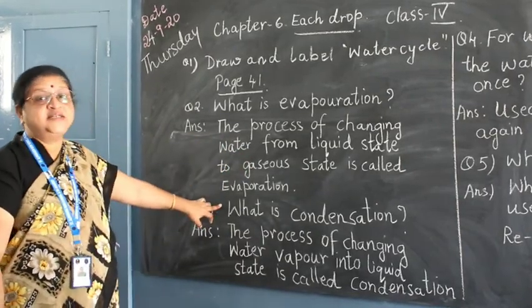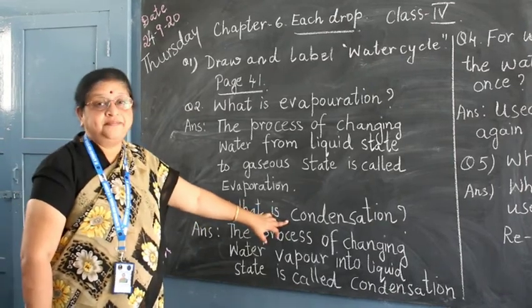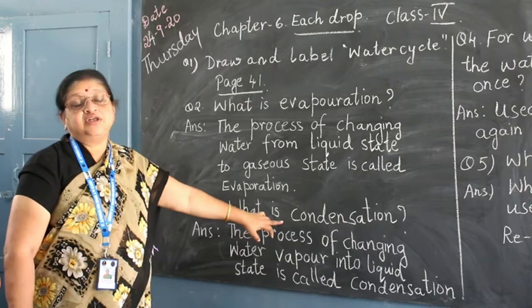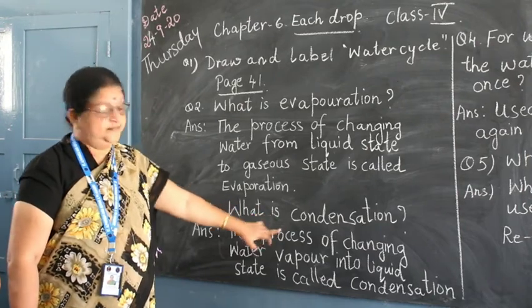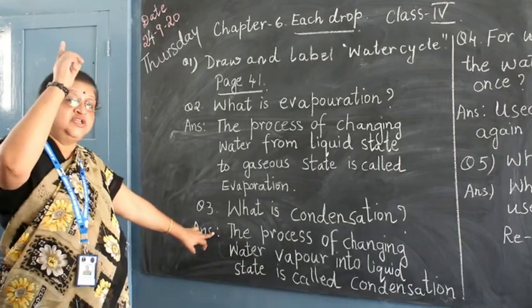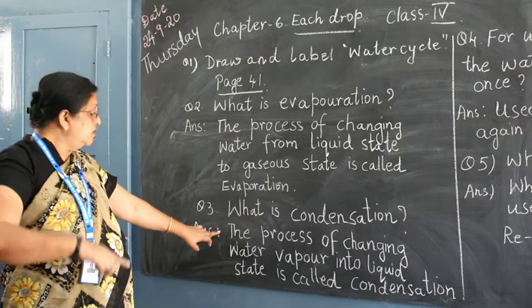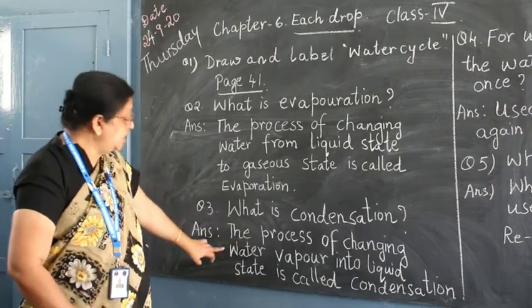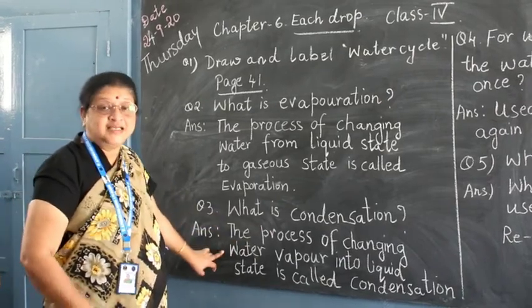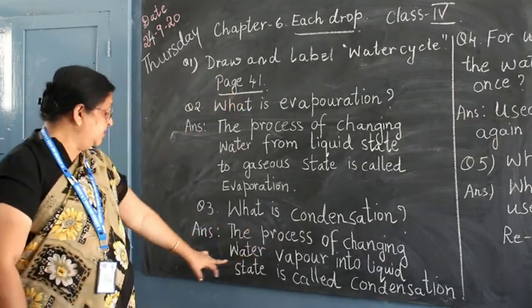Next, what is condensation? The word condensation is quite big, children. You have to learn the spelling of condensation. Now, what is condensation? Now you know the water has reached up in the form of a gas, in the form of a vapor. Now the process of changing the vapor, that is water vapor which has reached up, into liquid state.